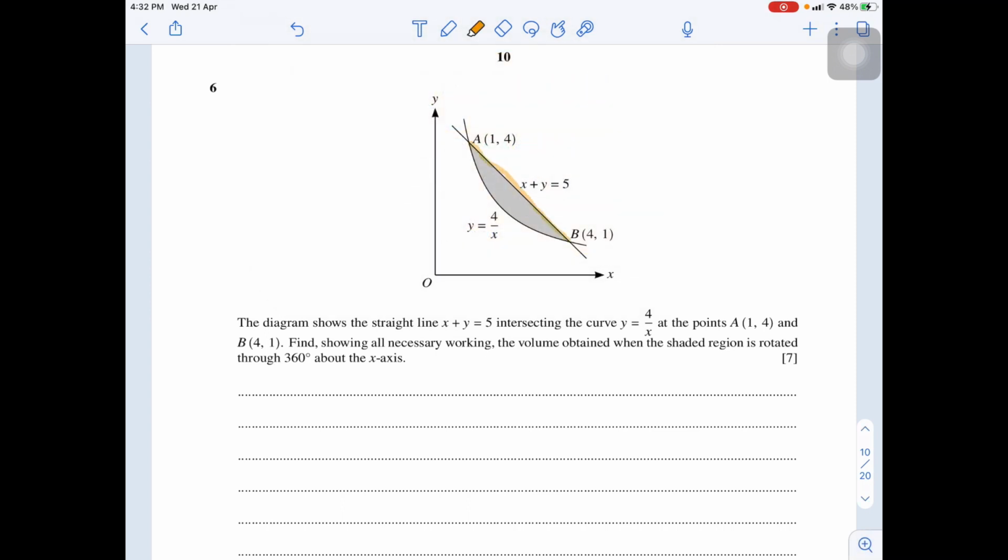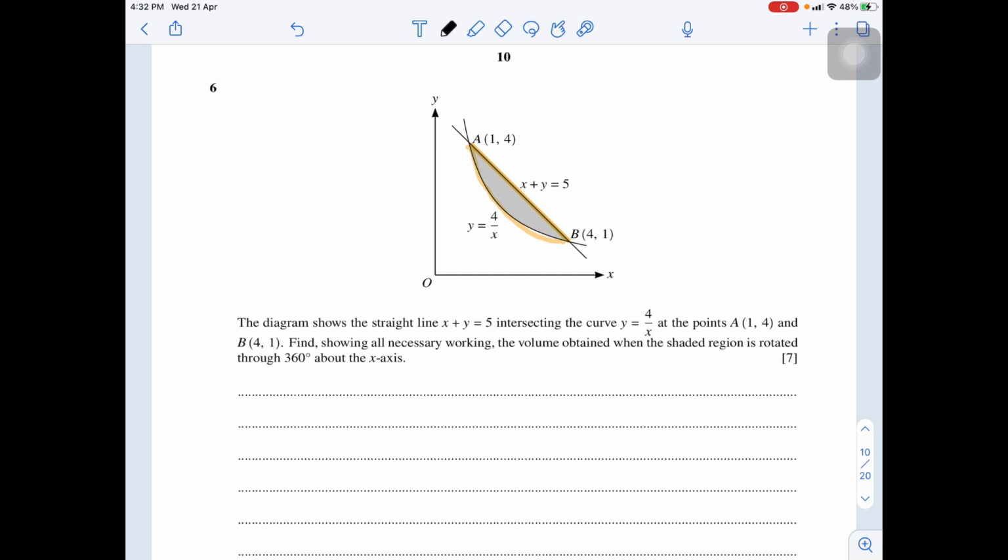Now whenever we have questions like this, you should remember that what we are trying is the top curve minus the bottom curve. So what we are doing is area under the top curve minus area under the bottom curve will give us the area in between.